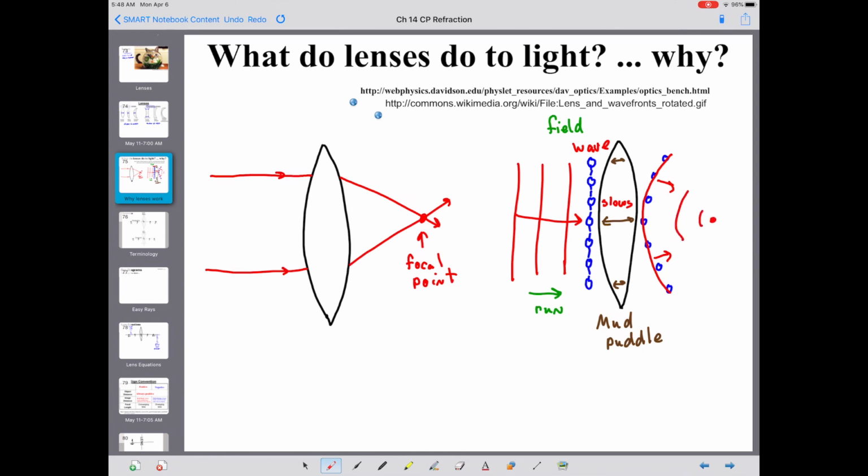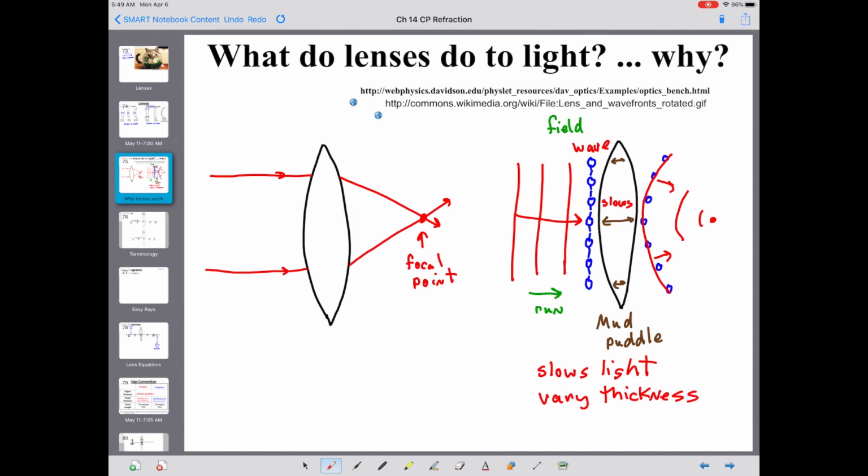And once it comes out curved, it continues that curved movement and focuses down to a single point. So our lens works because the glass slows the light, and that combination of the slowing of the light and the variety of the thickness of the glass cause that light to come out, and in this case, focus down on the far side.